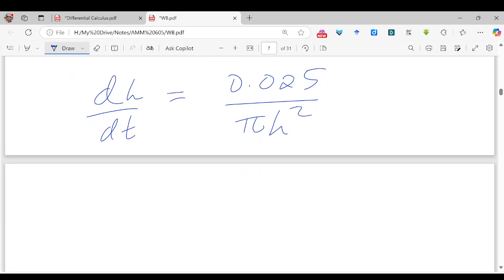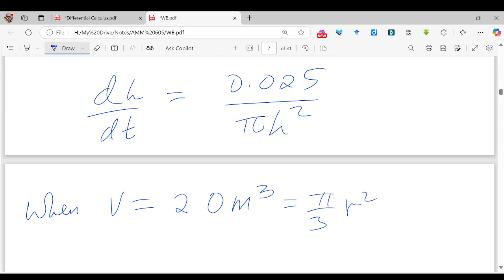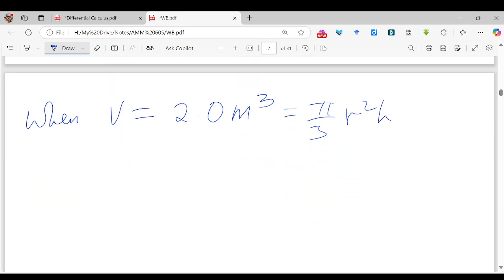But we want to find the rate when the volume V is equal to 2.0 cubic meters. Remember, V is given by pi over 3 r squared h, which we can write as 1 over 3 pi h cubed. This is 2.0, because r is equal to h.